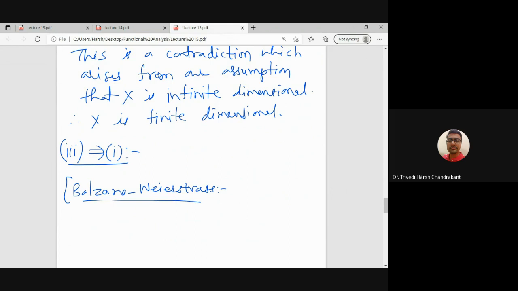So that is basically sequential compactness. So what is sequential compactness? Every bounded infinite sequence in K has a convergent subsequence.